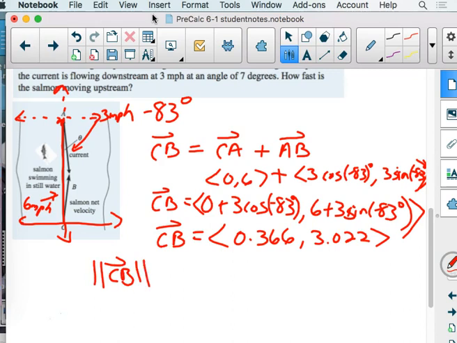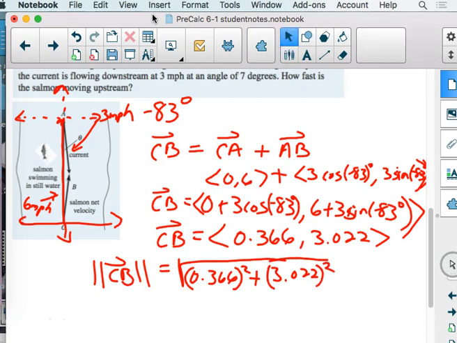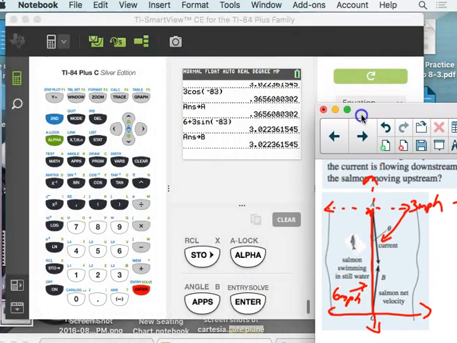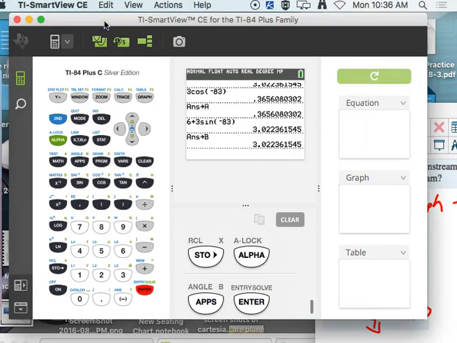They had it as, oh, I thought they'd given us a B for that one. They didn't. The magnitude of CB will be the square root of our 0.366 squared plus 3.022 squared. But like I said, I wanted those exact. That's the reason I stored those, so I can go back and just punch this in as A's and B's. So we're going to recall, second store.